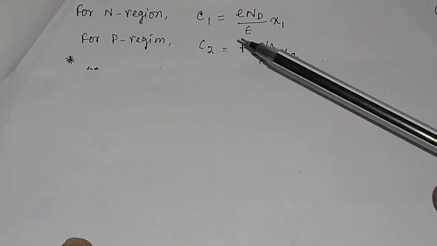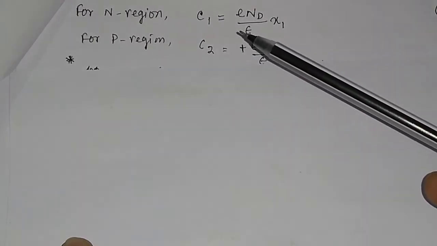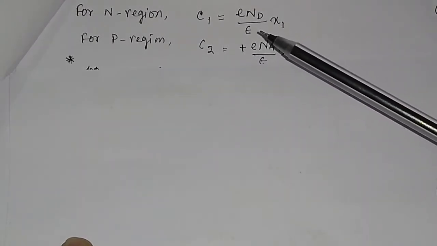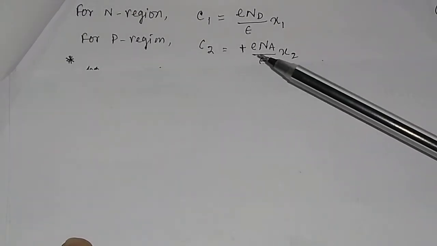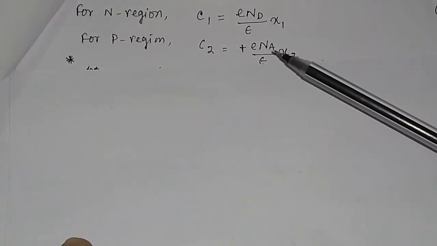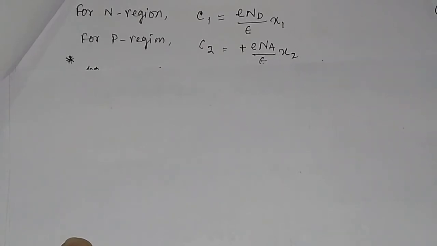So for the n region, C1 is equal to e Nd divided by epsilon into x1, and for the p region, C2 is equal to e Na divided by epsilon into x2.